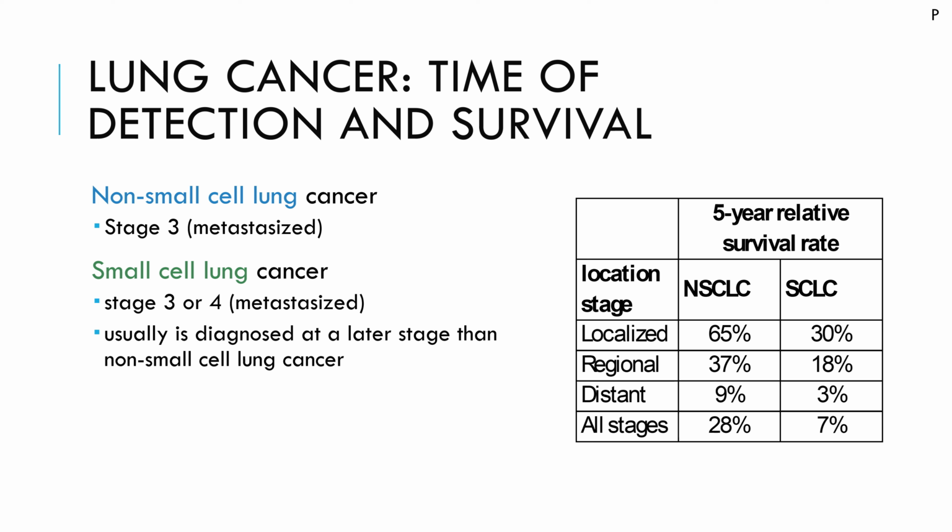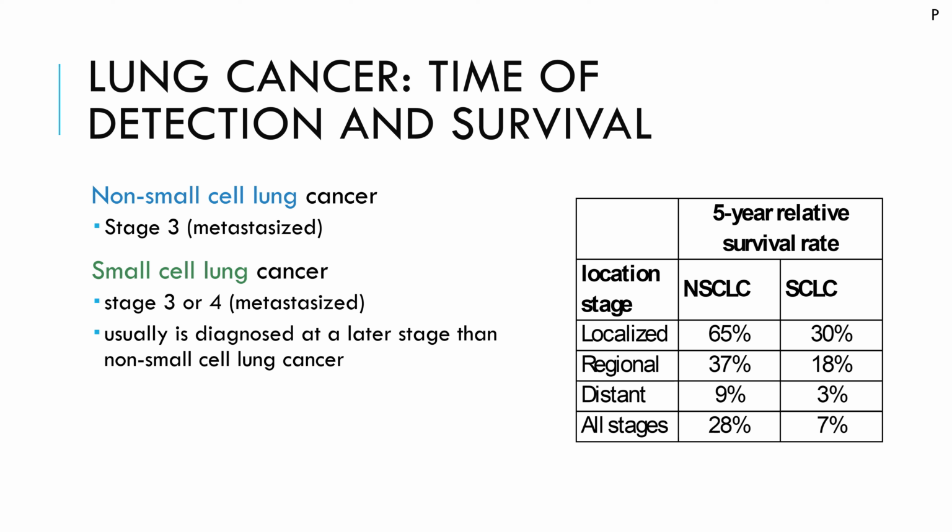The reason that metastasis is so important, and I've been stressing it, is that the 5-year survival rate if it's localized, that is to say it's not really metastasized, as compared to the 5-year survival rate if it has metastasized and is found in a distant organ, is shown in the table here.